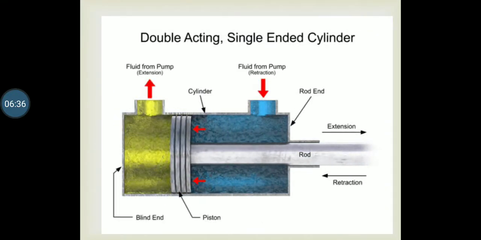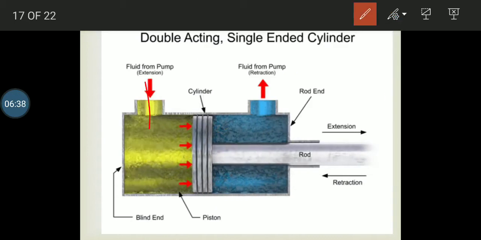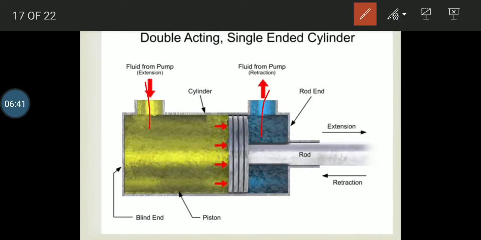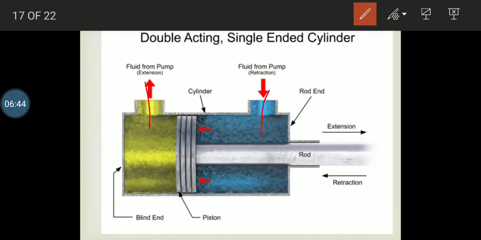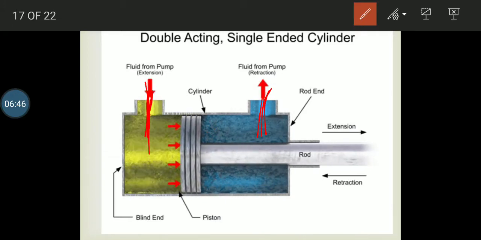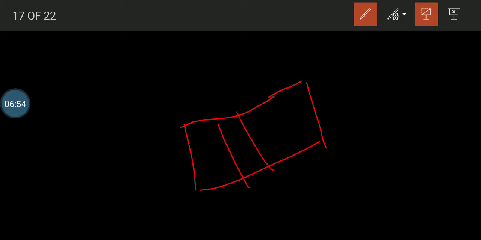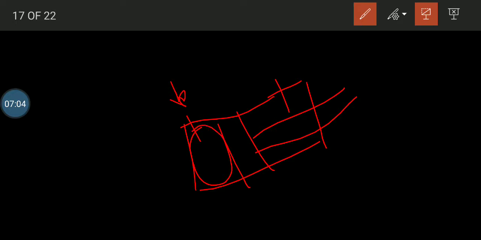And when I am talking about a double acting cylinder, it has two ports which act as inlet and outlet positions. This is port 1, this is port 2. When the fluid is admitted, it fills one region, and because of which the piston will move in the backward motion.